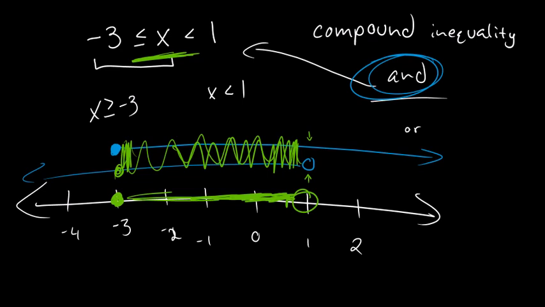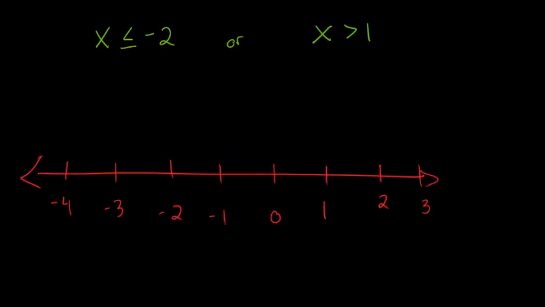We also want to graph an or compound, so let's do that. Here's an example of a compound inequality that has or instead of and. So we're not looking at the overlap and what they have in common, but we are going to be including everything. So x is less than or equal to -2, so that's going to be a solid point on -2.